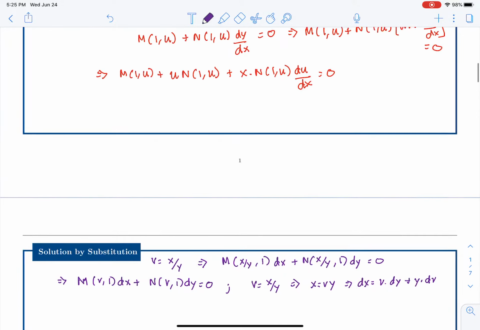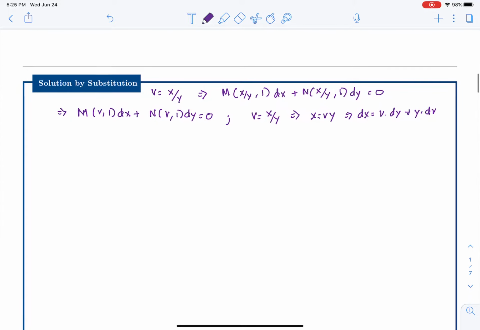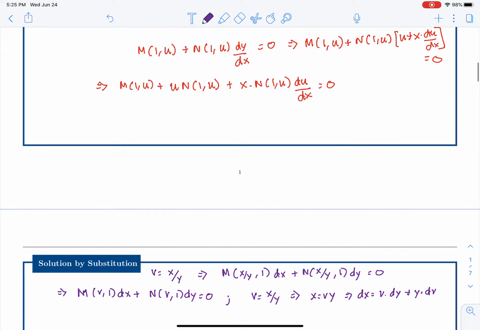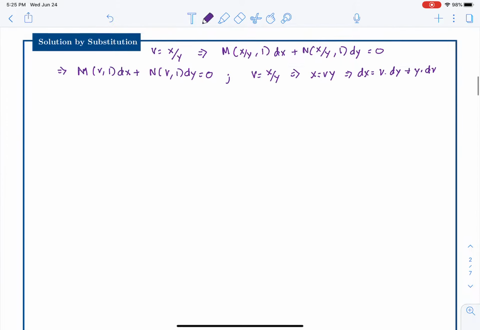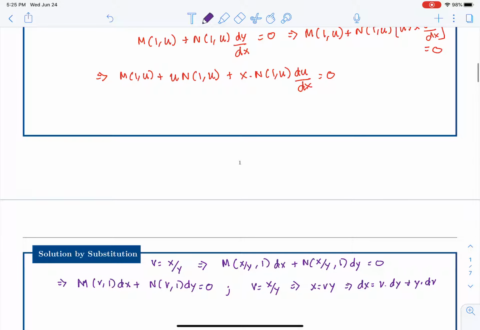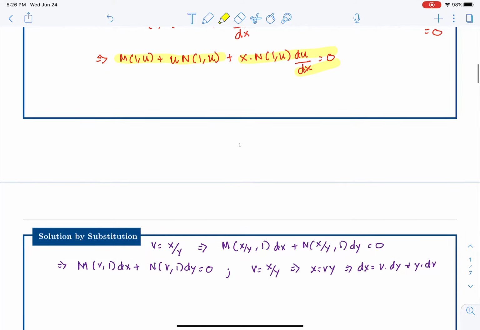And once we are done with that, we could go back here and substitute in the equation for dy and come to a similar expression like that, and that would be either separable or it would be linear, and we can use one of the previous approaches to get to the answer.